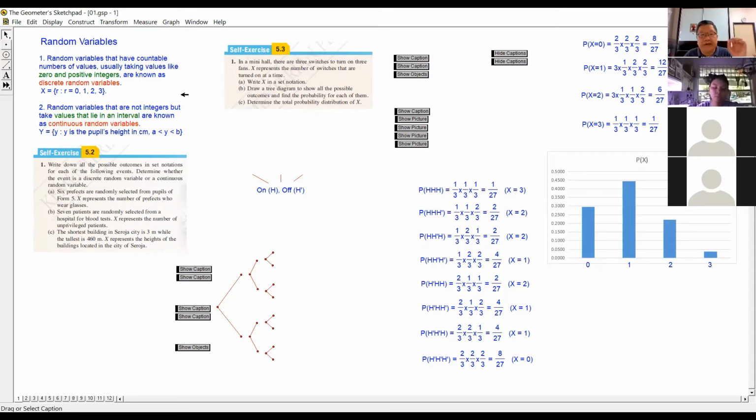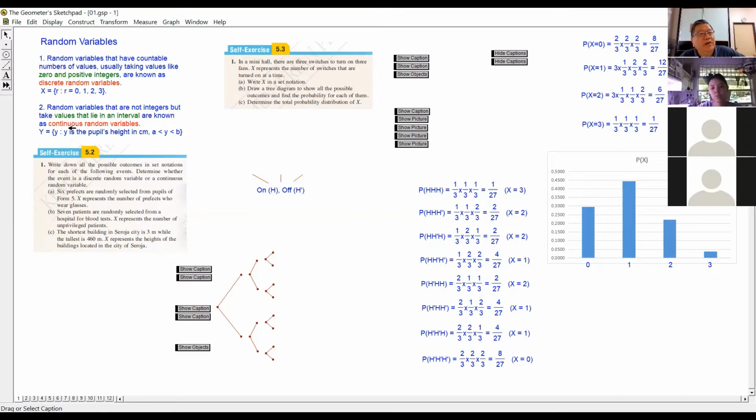The number starts from 0, 1, 2, 3, 4, like that. Discrete random variables are whole numbers. Okay, any question regarding discrete random variable? No, then we go on to the second one.